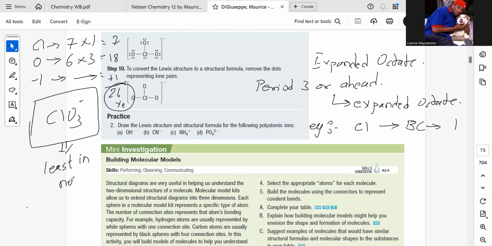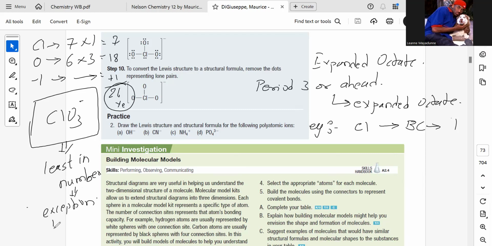The bonding capacity rule works when it is a simple molecule, but when you have a complex molecule, use the rule that I am suggesting now: the one least in number.